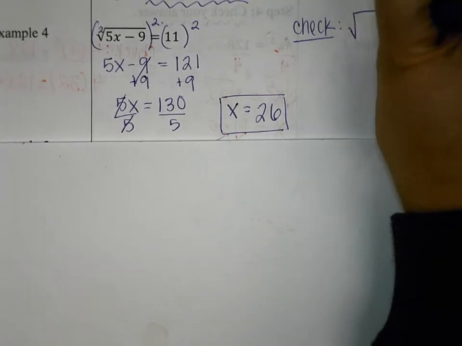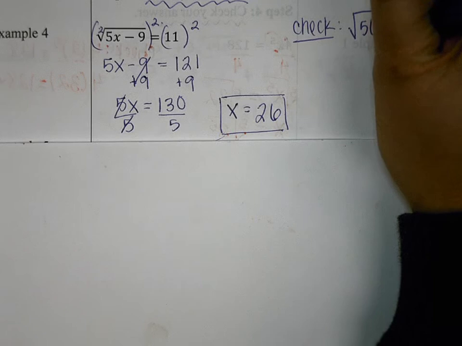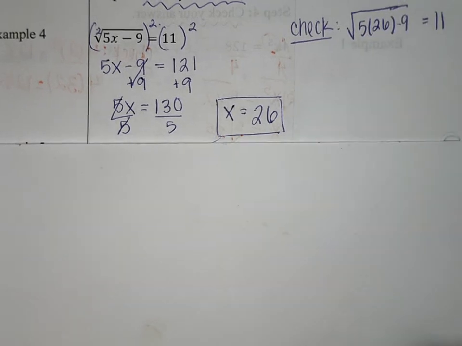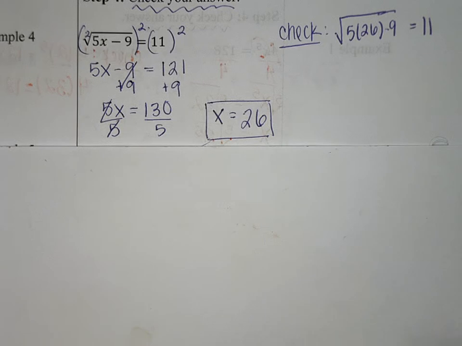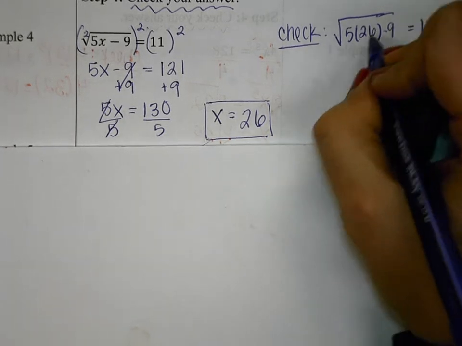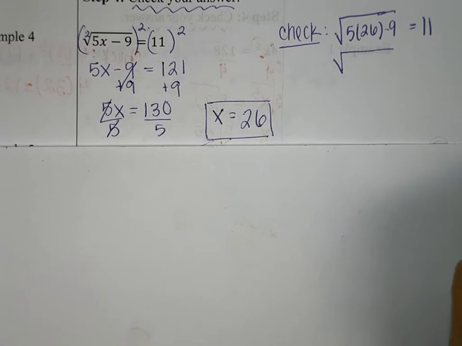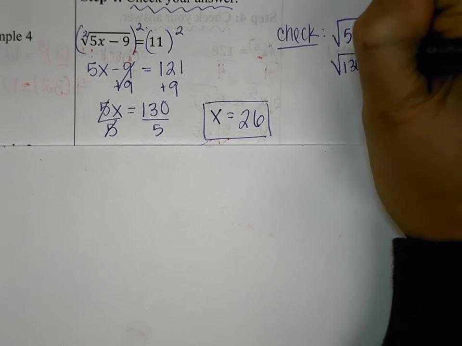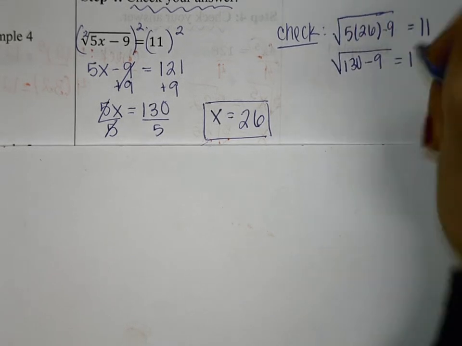I'm taking the square root of 5 times 26 minus 9, and I want that to equal 11. Five times 26, so that is the square root of 130 minus 9, and I want it to equal 11.